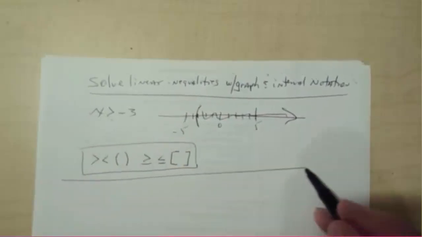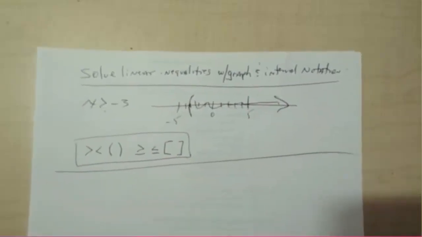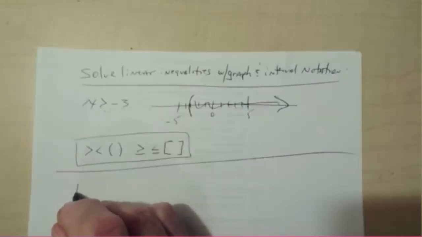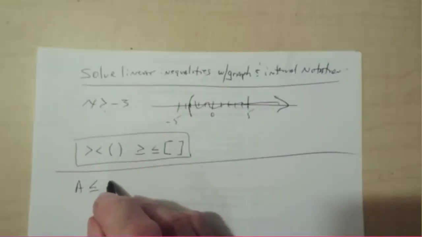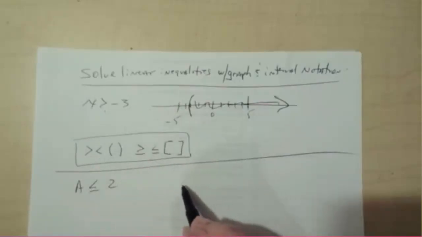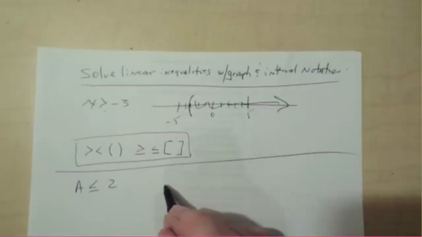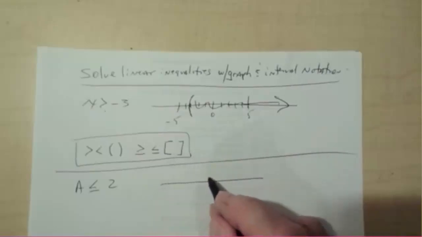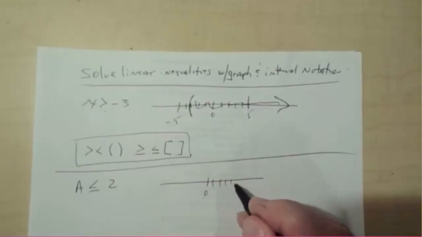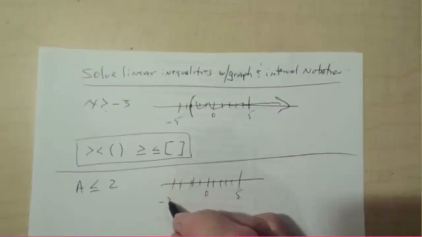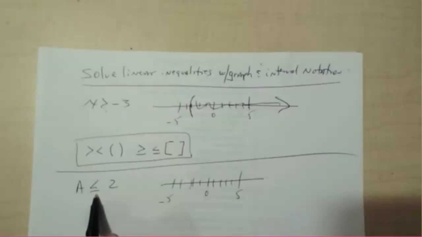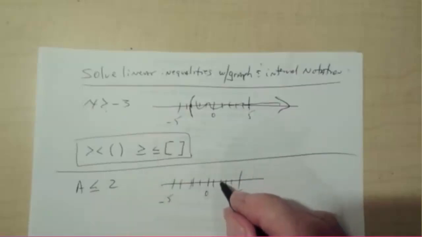Okay, so what if we have this? If we say that a is less than or equal to 2. We haven't done the interval notation here. We'll do that in a minute. Okay, 0, 1, 2, 3, 4, 5, and -1, -2, -3, -4, -5. Less than or equal to 2. 2 is right here.